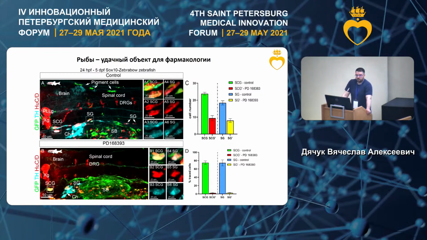So fish are a great biological model for pharmacologists. You can add the activator into the water and have a look at what's going on with the fish. Here you can see what happened to the zebrafish, and you can see the sympathetic ganglia.